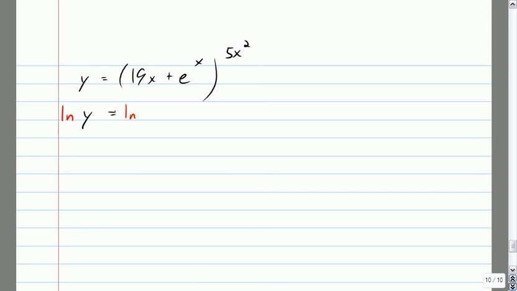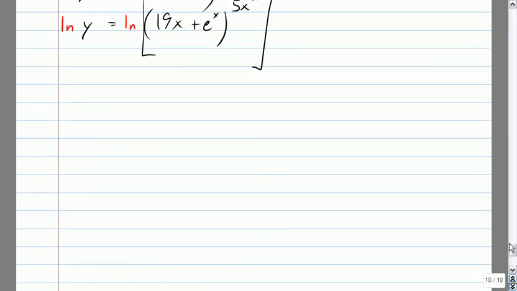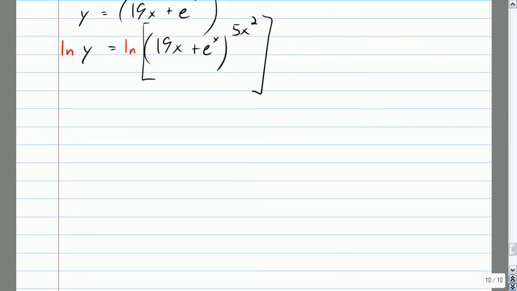So ln y equals 5x squared times the natural log of 19x plus e to the x. So then properties of logarithms, you're going to move that exponent out front.